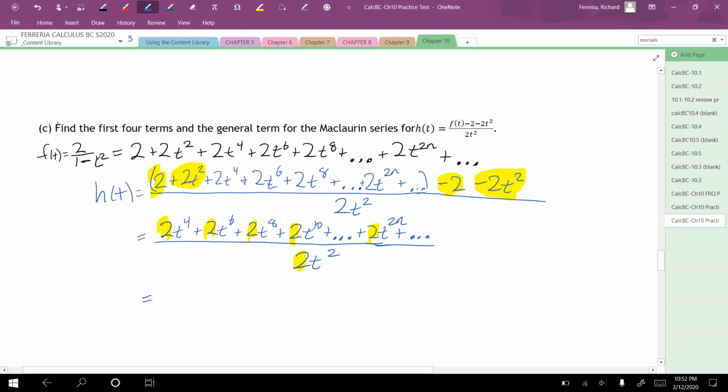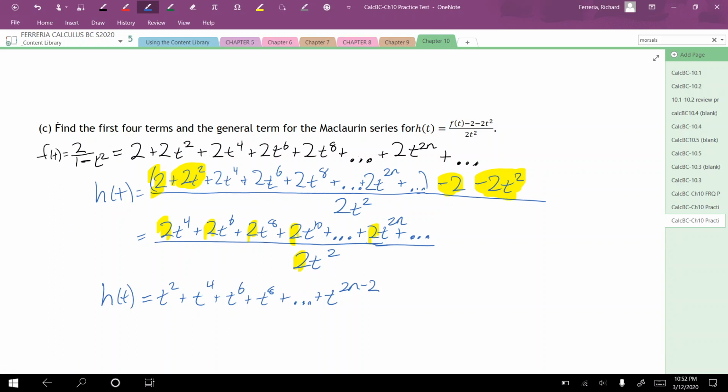So decrease all those powers by 2, and you've got it. t squared plus t to the 4th plus t to the 6th plus t to the 8th plus dot dot dot plus t to the 2n minus 2. Again, we're decreasing by 2 powers. And that looks good.